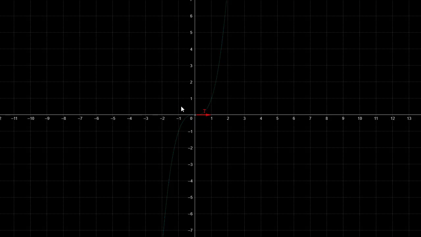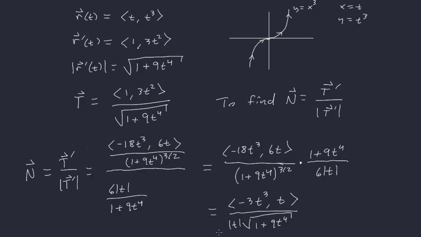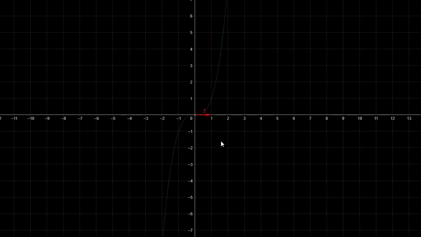That's because if we look back at our formula for n, when t is equal to 0, we're getting division by 0. And so n is undefined, so we don't get an n. But when we take a step forward, n is now pointing up, because that's when the object starts turning this way.